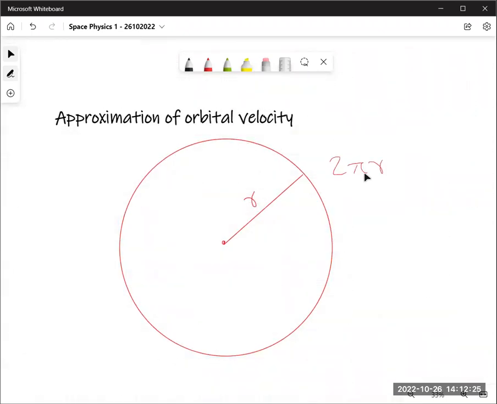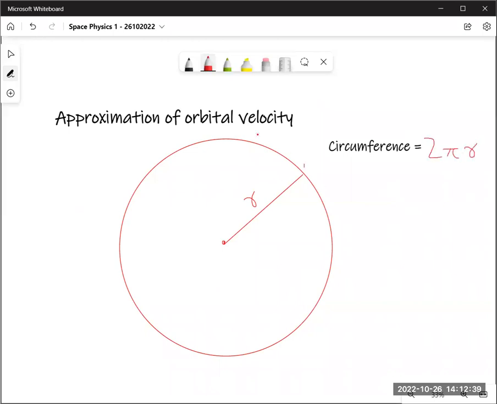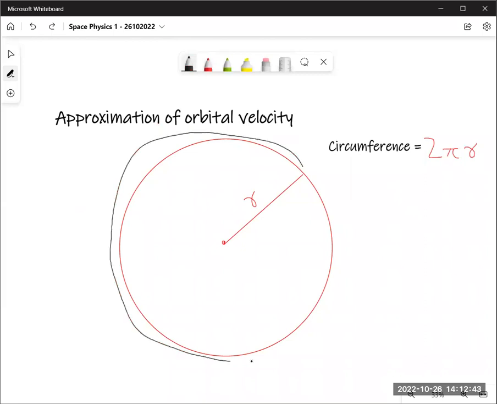So we realize that the circumference must be equal to 2 pi r. Another thing I know is how much time it takes to go from this point all the way around back to the point. This whole distance must be 2 pi r.